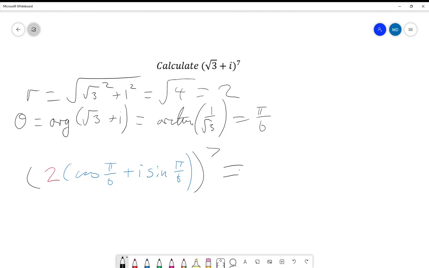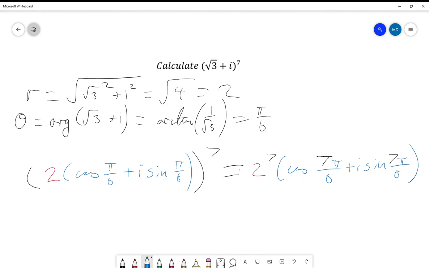And that is, of course, going to be equal to 2 to the power of 7 times by cosine of 7 pi over 6 plus i sine of 7 pi over 6. That 7 is coming down into our sine and cosine.